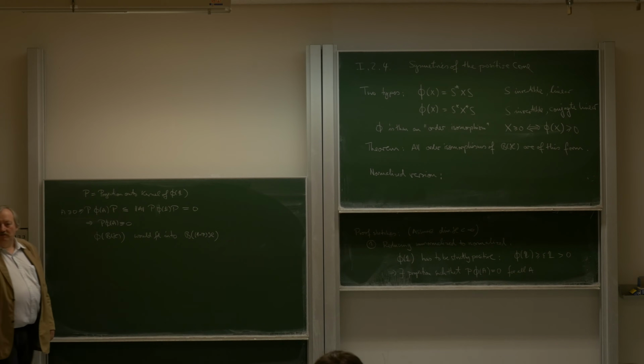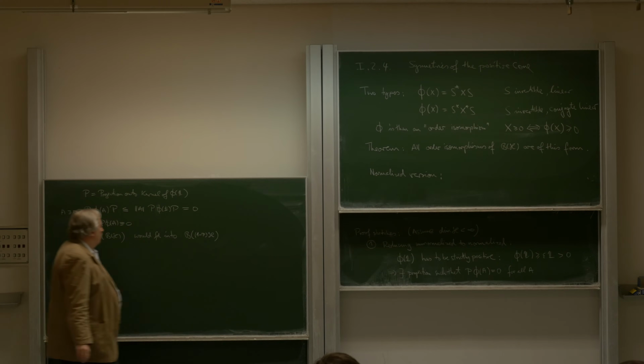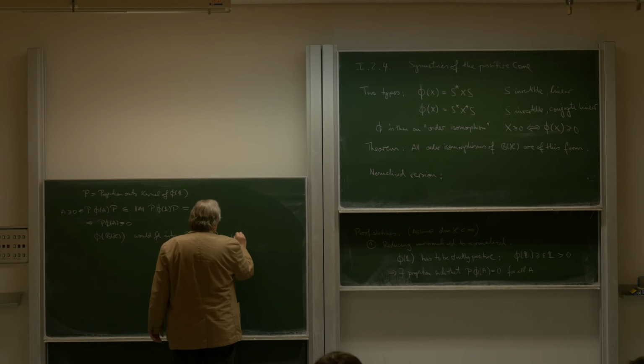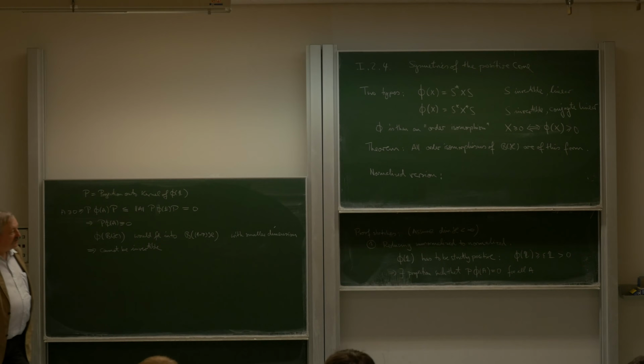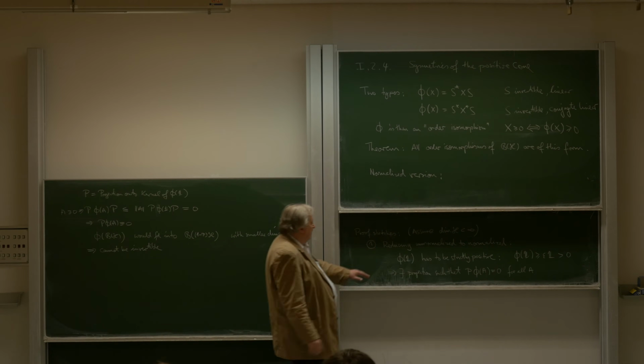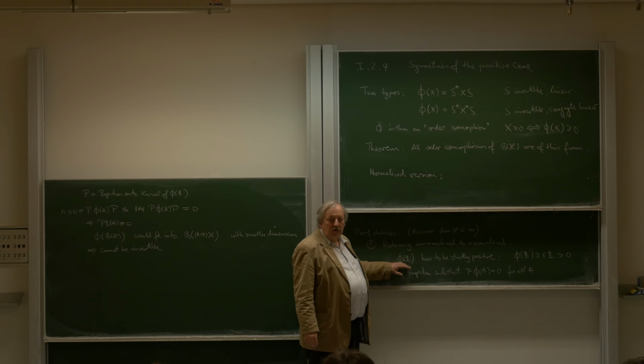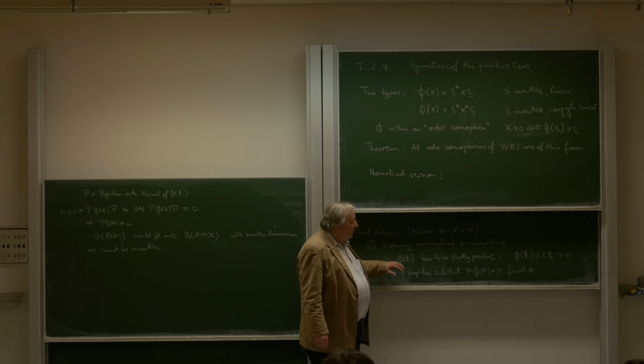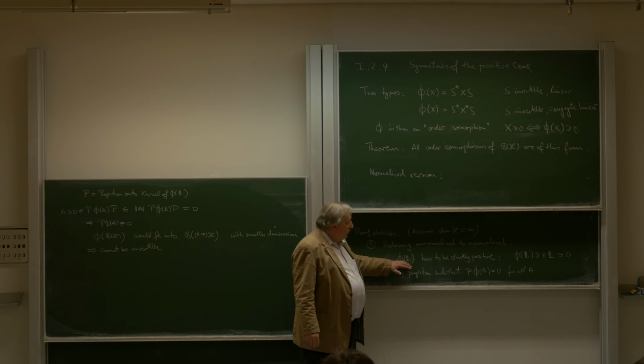Which has smaller dimension, so it cannot be inverted. So this shows that the null space of this operator has to be empty. Right? There could be no 0 eigenvalues here if you really have an order isomorphism.